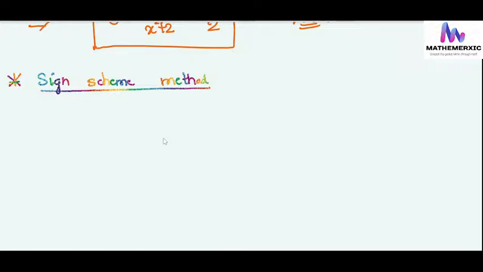So we'll just take a question to solve this one, and we'll try to take a simple question. Let us say we have one question: x square minus x minus 2 is greater than 0.